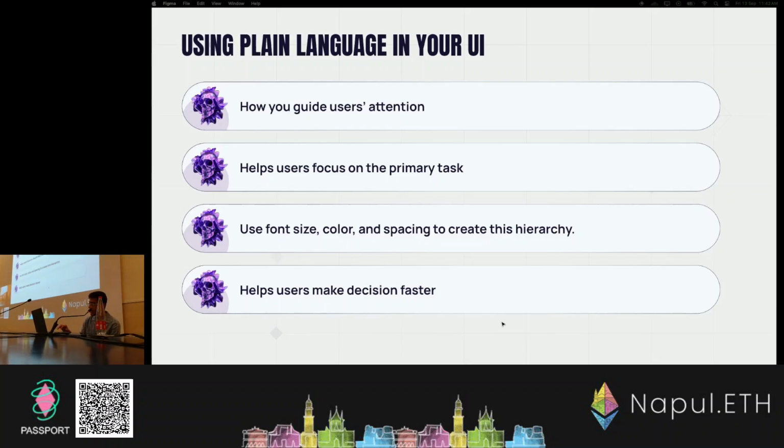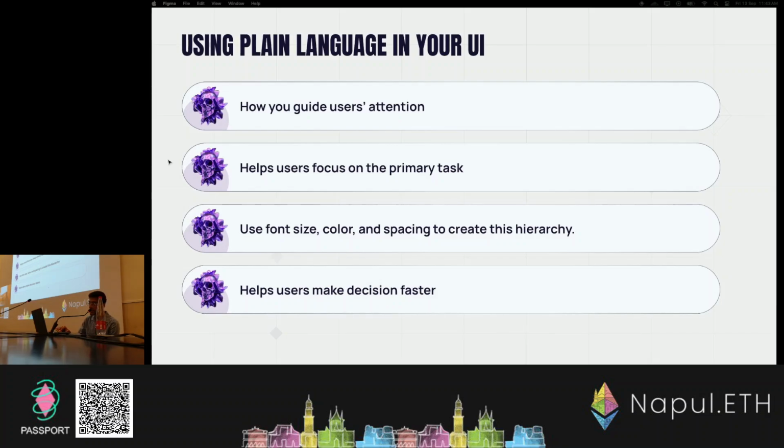Visual hierarchy basically means how you guide users' attention to the most important parts of your interface. So in Web3, where there's often a lot of technical information, good visual hierarchy ensures that users don't really feel overwhelmed by details, and it helps them focus on the primary task. For example, if the main goal is to approve a transaction, the button should stand out the most, while secondary information like transaction details or gas fees should be less prominent.